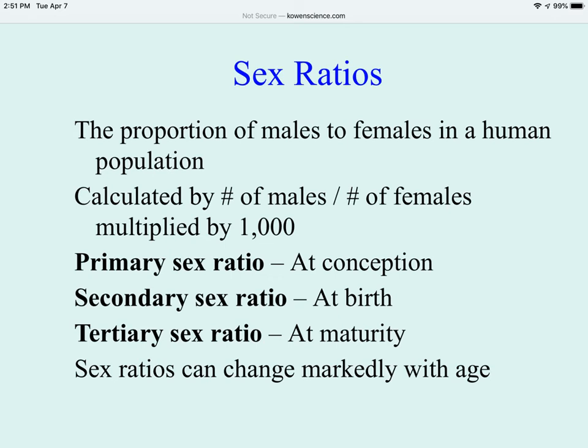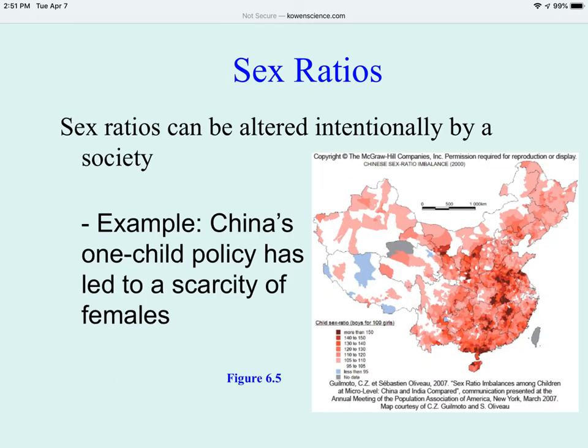Tertiary sex ratio is at maturity, and that's so that by the time the individuals reach that mark, maturity age, you should have a 1-to-1 ratio. However, that can be altered based on environmental conditions.